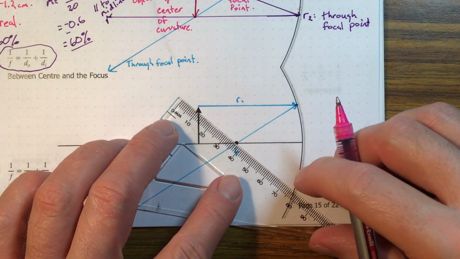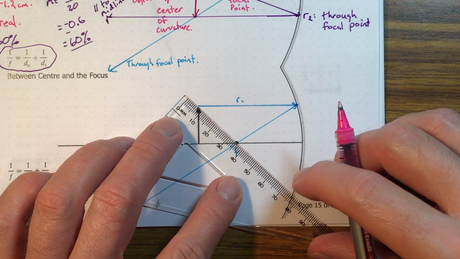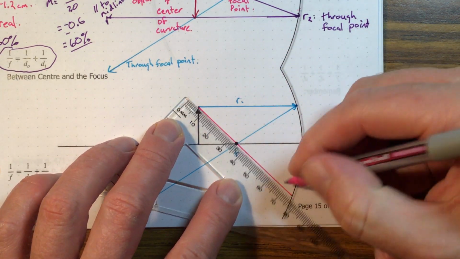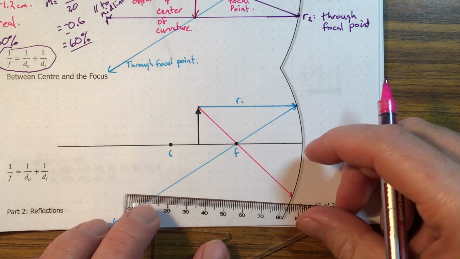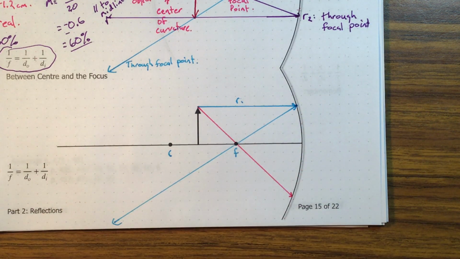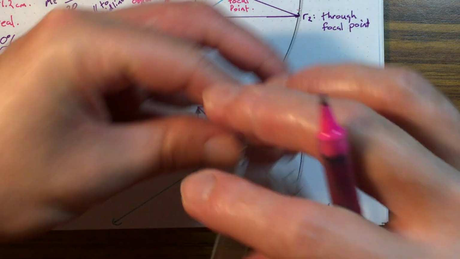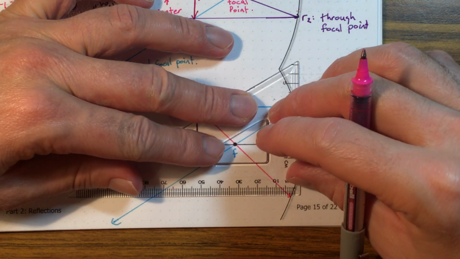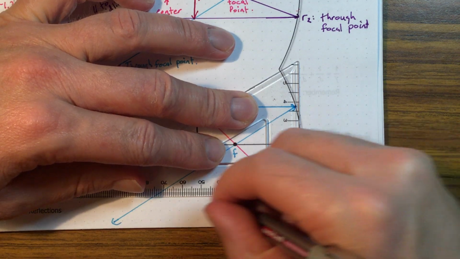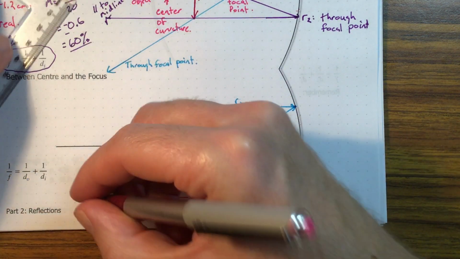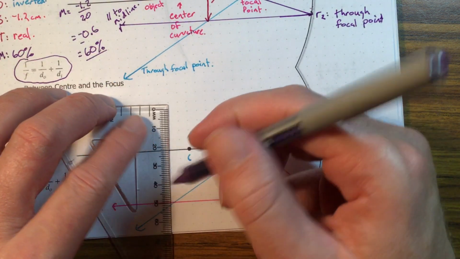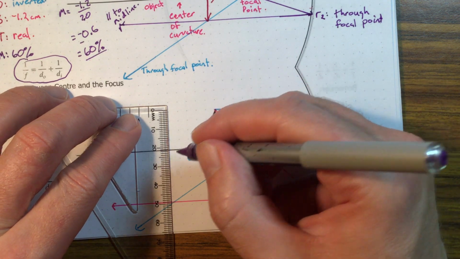Ray 2, through the focus, hit the mirror. Whoop, dropping the pens here. Parallel to the midline. Where is our image located? Right here.